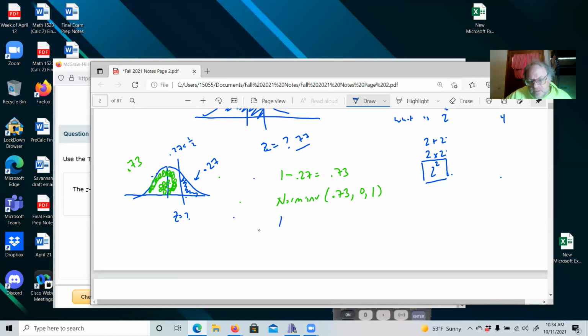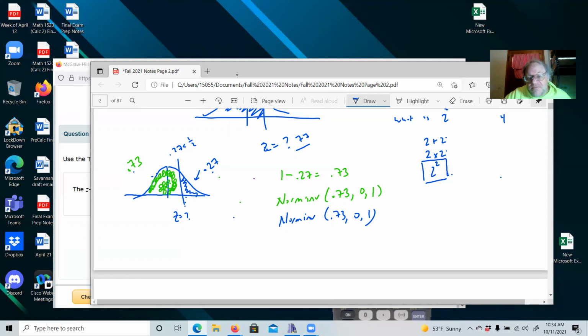So that's norm inverse 0.73. That'll tell us this value because it doesn't matter, right? It's the same z value if 27% is on the right or 73% is on the left. It doesn't matter. But the calculator is only going to do it one way. So what we're going to do is say, well, it's got to be this one.